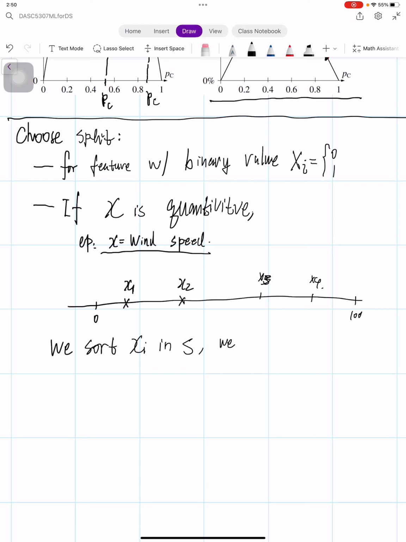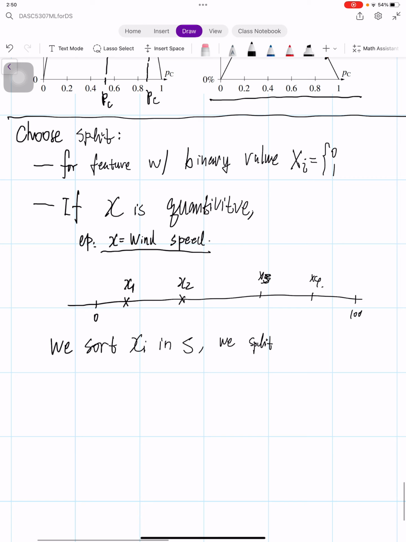We split between each pair of unequal consecutive values.